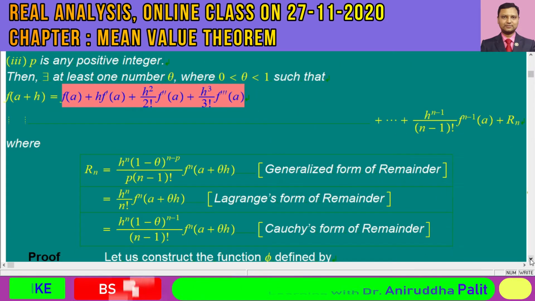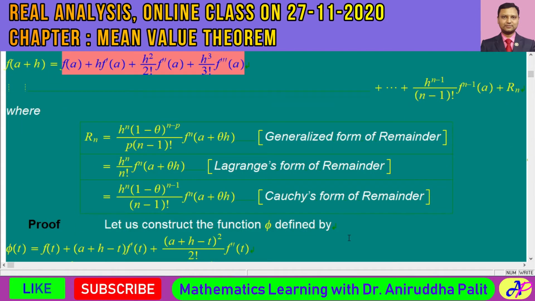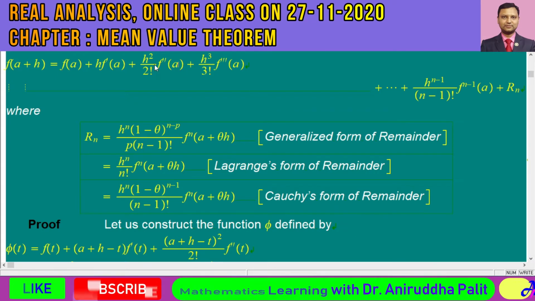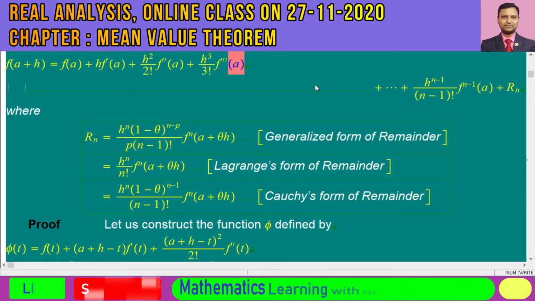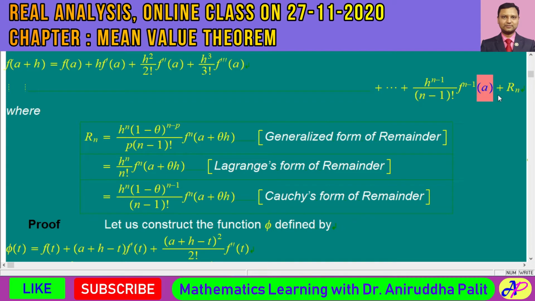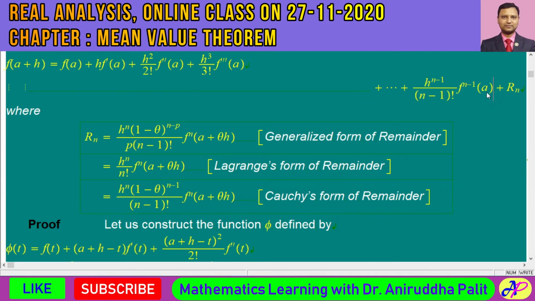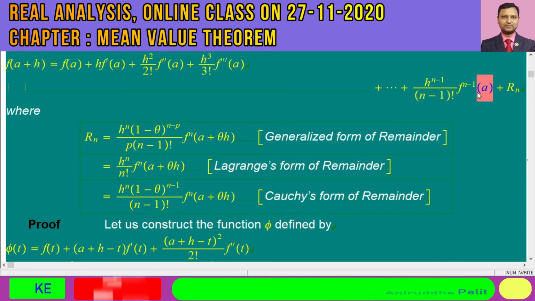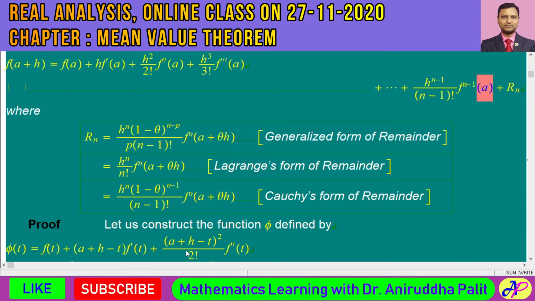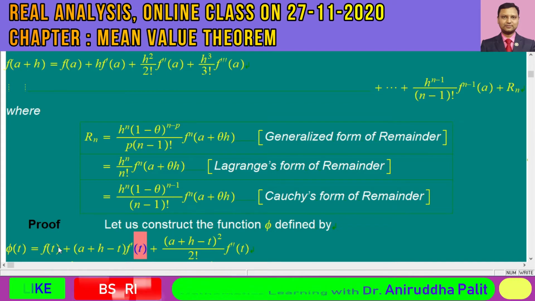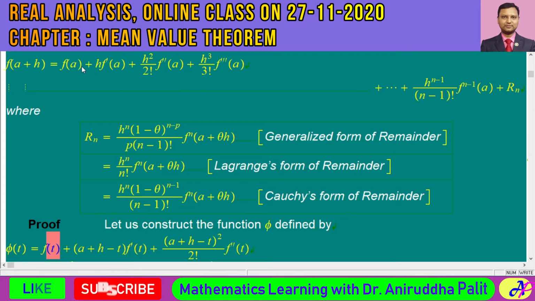If you look at the right hand side expression carefully, every time the small a appears, up to this term of course, I am replacing this small a by the variable quantity t. So over here the first term is f of a, I am writing f of t.